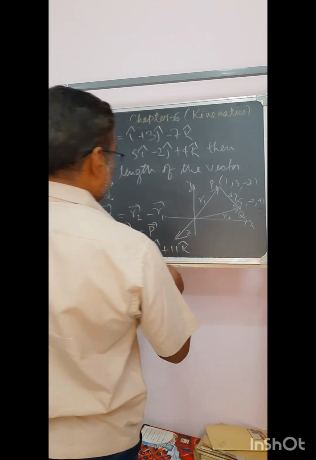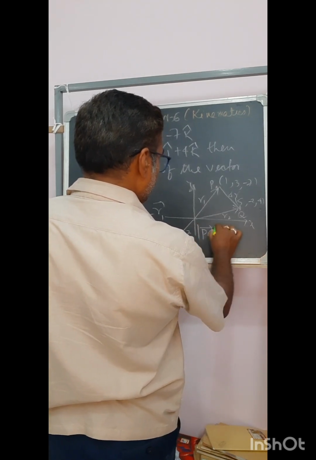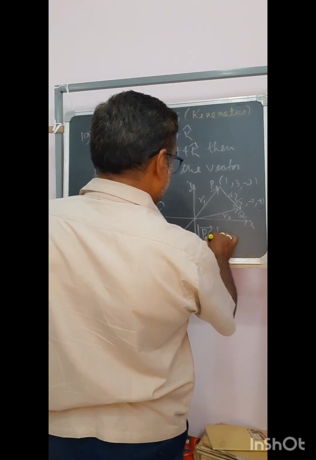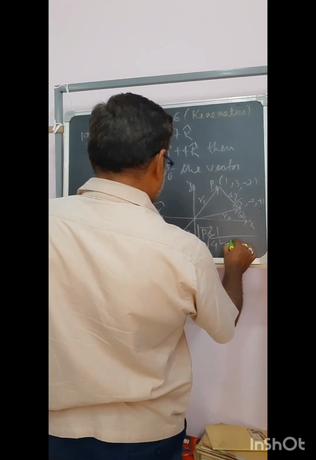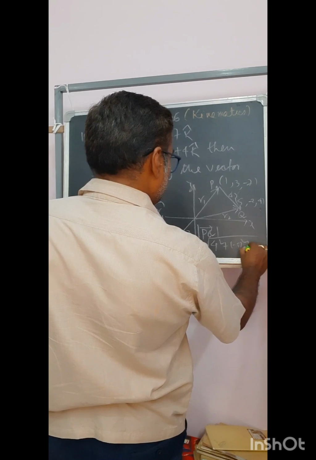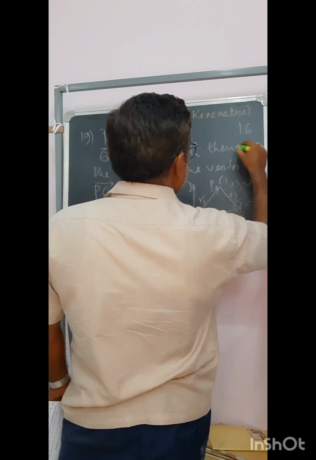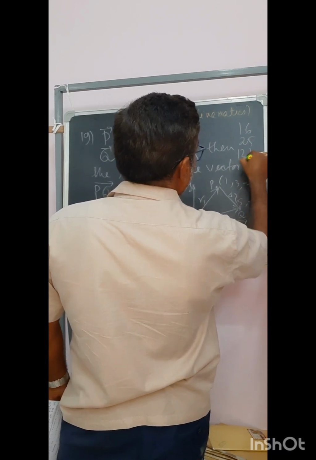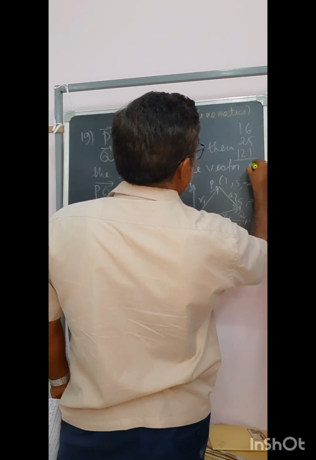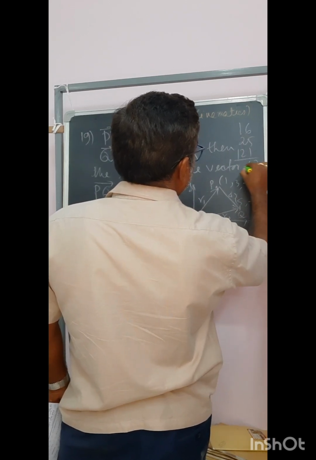The length of the vector, the mod of PQ, will be the square root of 4 squared plus 5 squared plus 11 squared. So 16 plus 25 plus 121 is equal to 162.